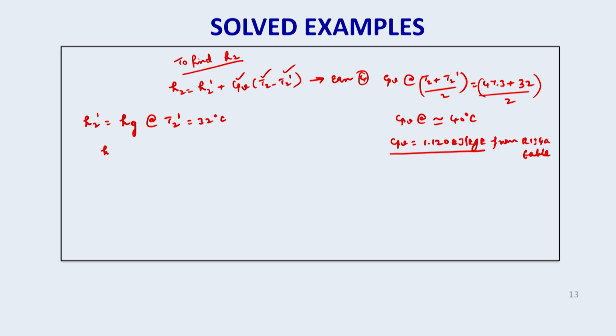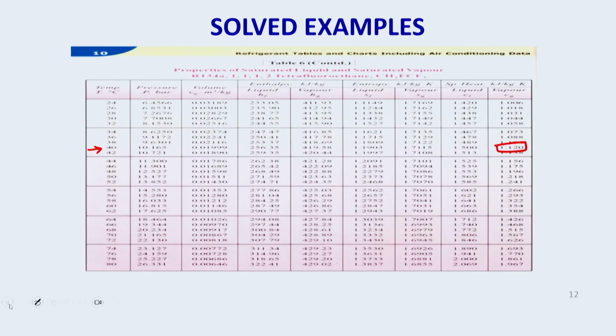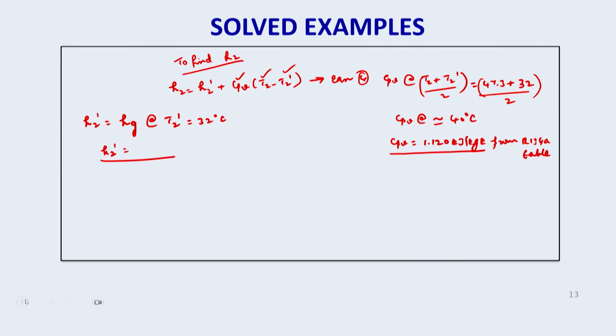So H2 dash, corresponding to 32 degree centigrade, the vapor enthalpy is 415.9 kilojoule per kg from the R134A table.